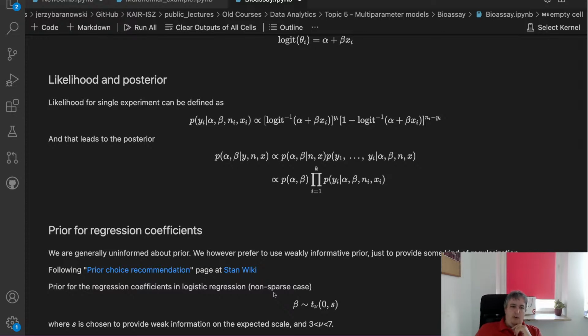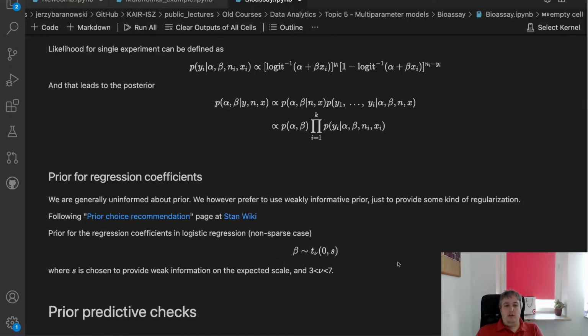And again, we can go, for example, to StatWiki to consider, for example, the recommendation to use a student distribution with zero mean and some information about scale and not too large number of degrees of freedom. But of course, we can also use normal distributions with small spreads or stuff like that.